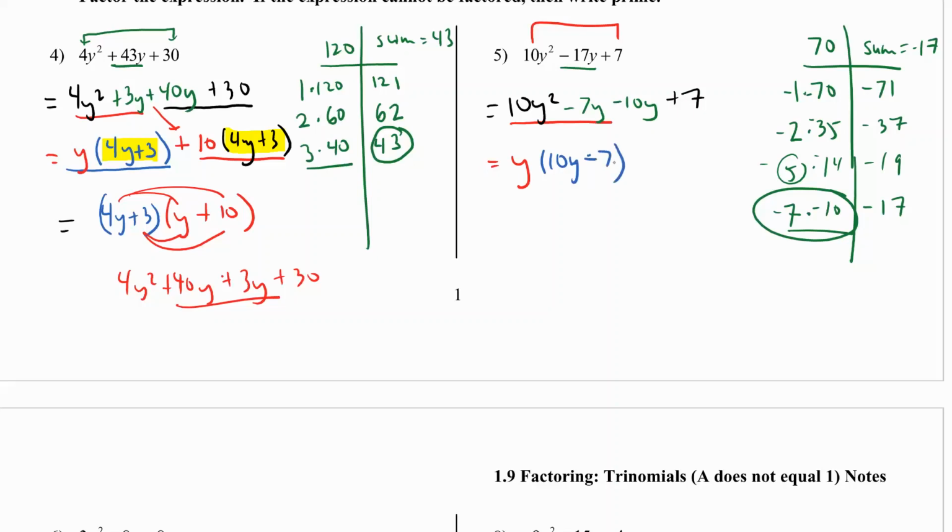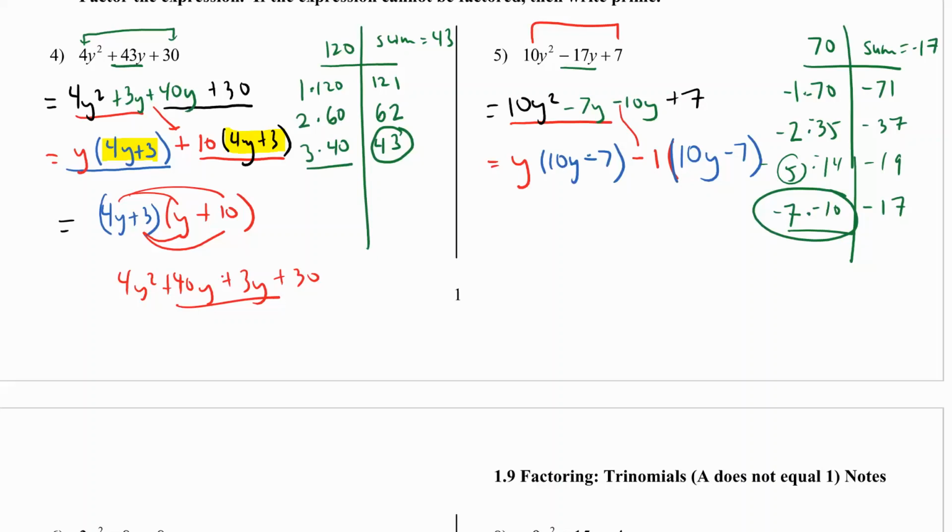And then we'll do the GCF of the next two. Remember, we'll just bring down that subtraction. Okay, and then the GCF of the next two is just 1, so we're dividing by negative 1. So negative 10y divided by negative 1 is 10y, and 7 divided by negative 1 is negative 7.